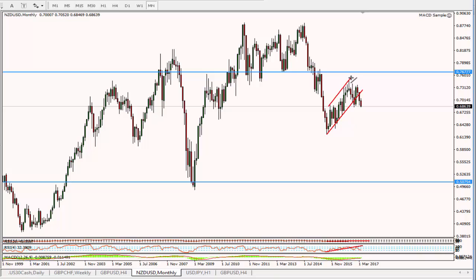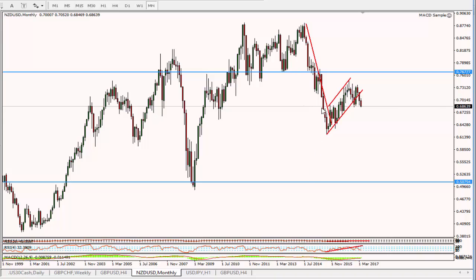Now as we are looking at this pattern here, we are going to be seeing what you call a flag pattern. Now what I'm seeing here is an upside down flag pattern.